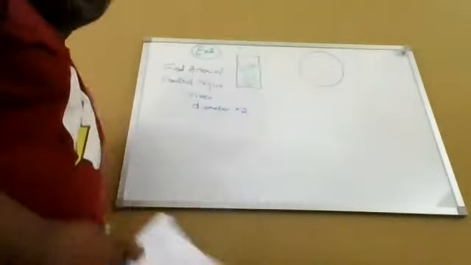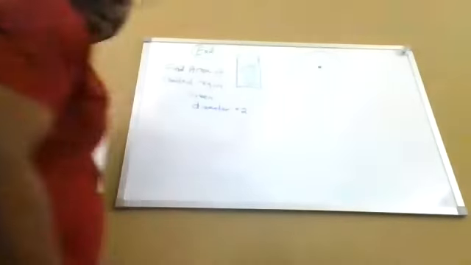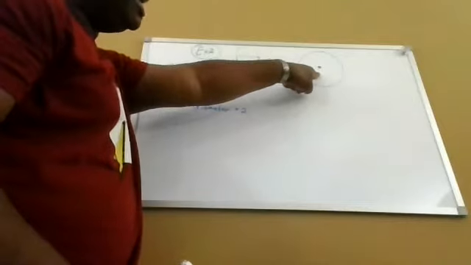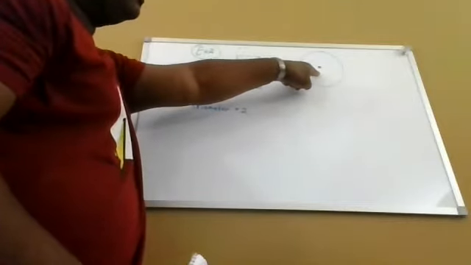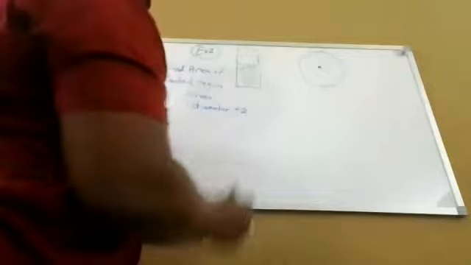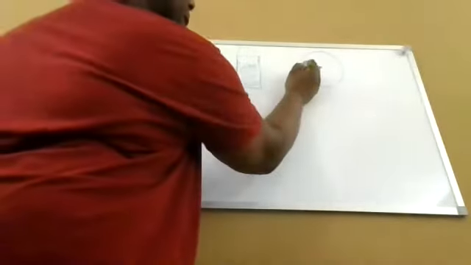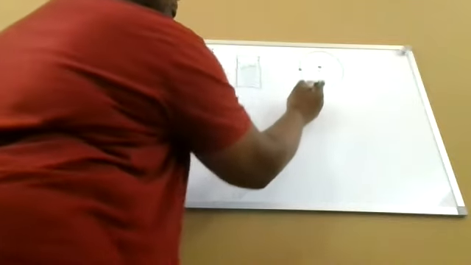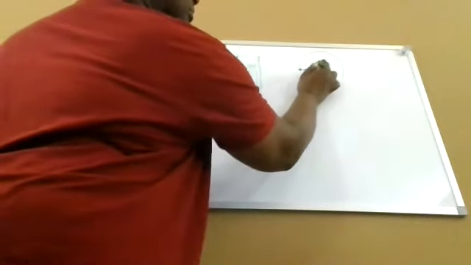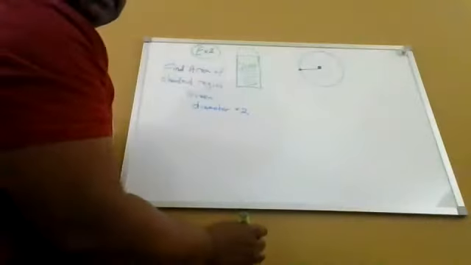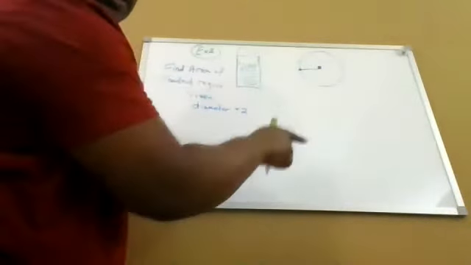If I have this circle and I have this as my center, the diameter is any point on the circle that goes through that center to another point on the circle.